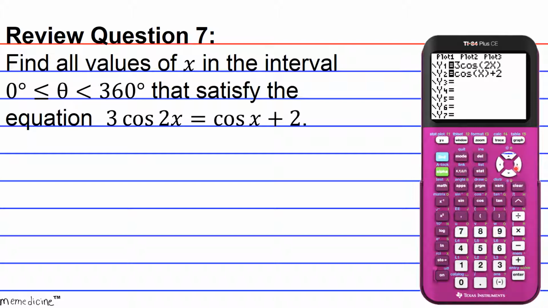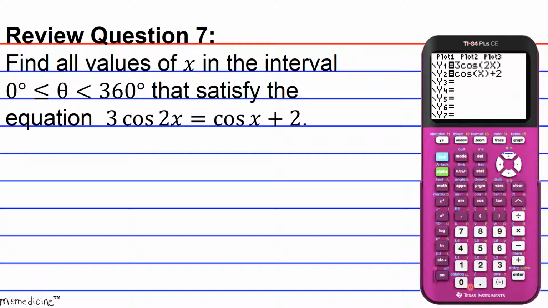Now you want to see your graph. This is the moment of truth that you've been waiting for. So what you're going to press is Zoom 0, which is ZoomFit, and ZoomFit is the best setting in my opinion for simple trigonometric functions.